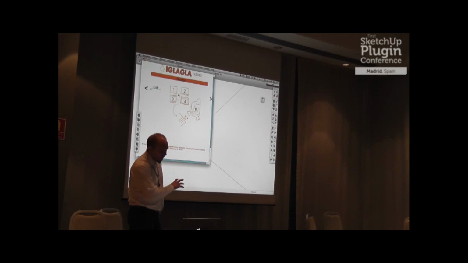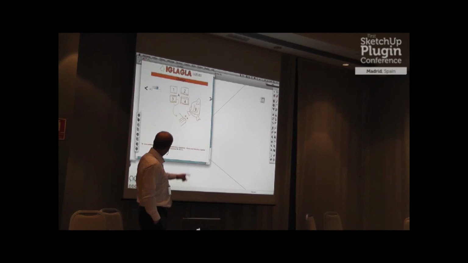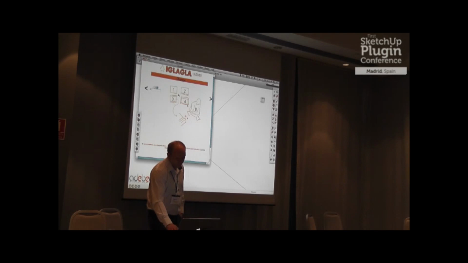Here it's the technical details that woodworkers know well. This is the thickness of each border. And you have to choose 1 if you want no border, 2 if you want only 1 border on the side you see, 3 if you want a border on each side, and 4 if you want borders everywhere. This is the hardest thing to understand in Iglagla. So if you have understood this, you have understood everything.